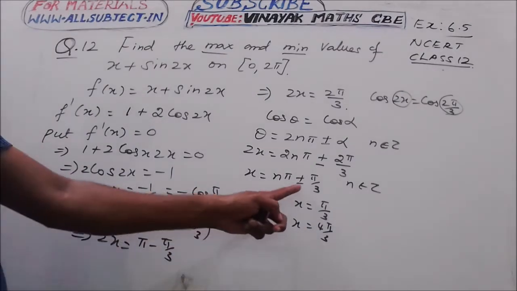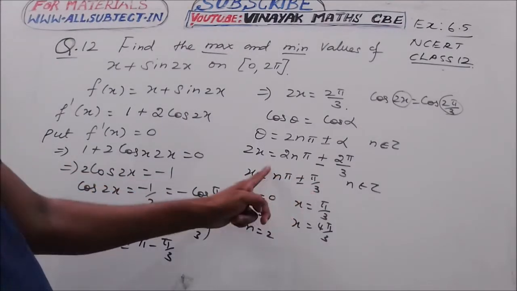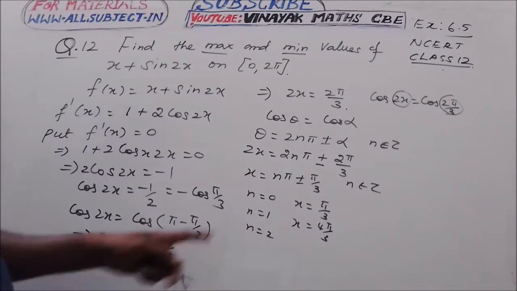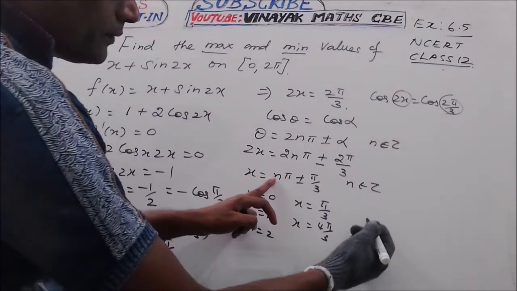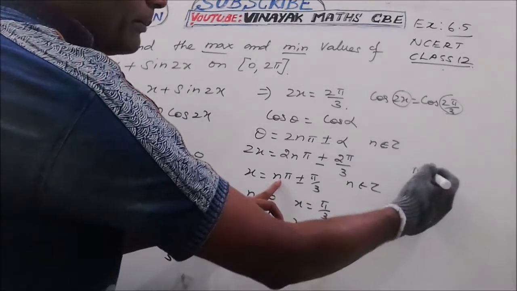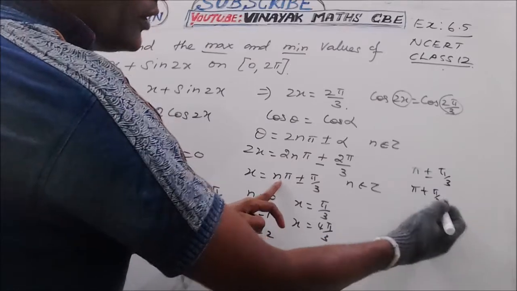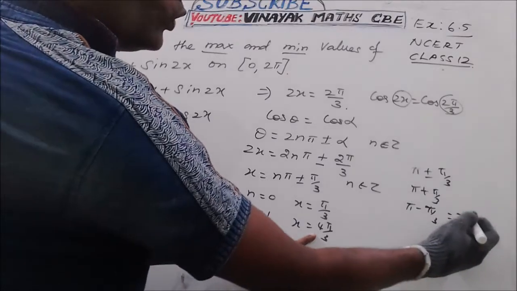Then substituting n equal to 2, we have 2 pi plus pi by 3, cross multiplying, 6 pi plus pi by 3, that is equal to 7 pi by 3. The next value is pi by 3, the next value is 2 pi by 3. When n equal to 1, pi plus or minus pi by 3: pi plus pi by 3 yields 4 pi by 3, then pi minus pi by 3 yields 2 pi by 3.